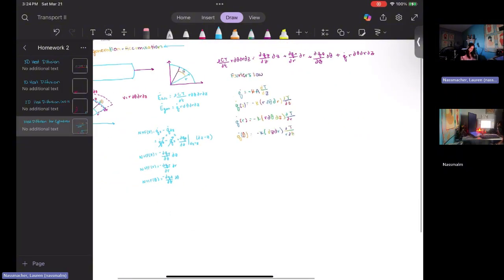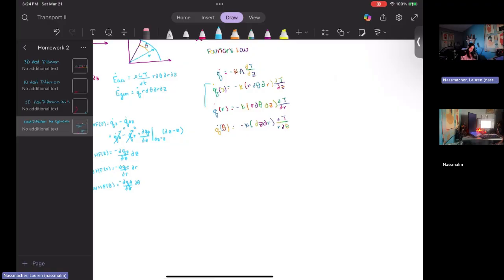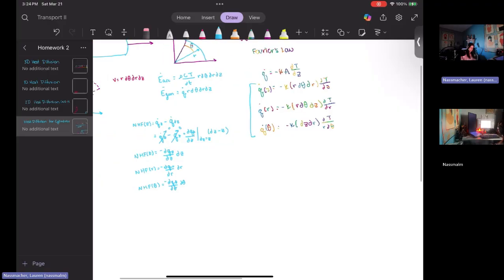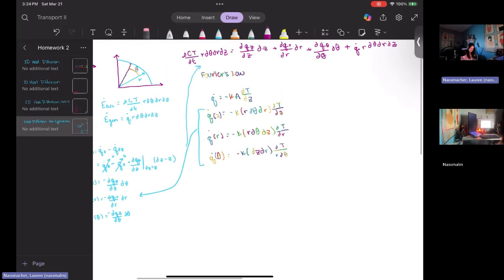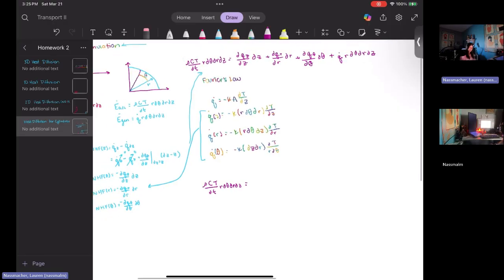So plugging these equations that we just solved using Fourier's law into our net heat flow equations, and then plugging that right back into our main equation, we find that density, heat capacity, and the change in temperature multiplied by the volume is equivalent to a very large equation that we can simplify down.